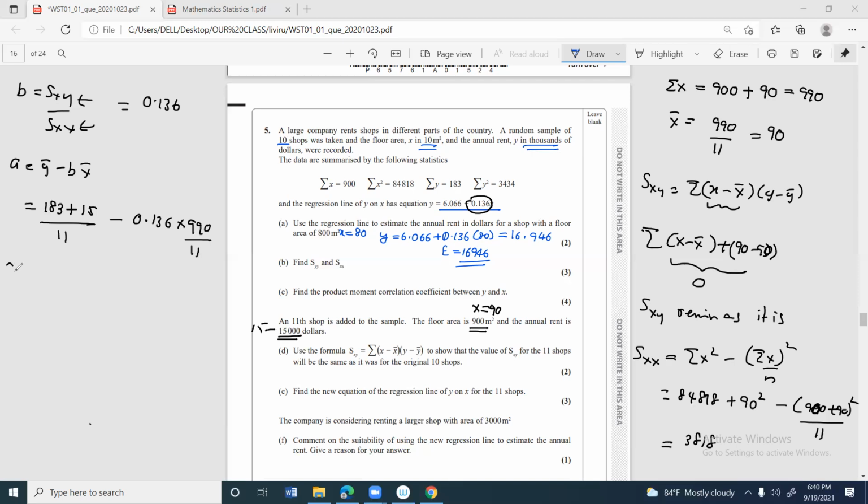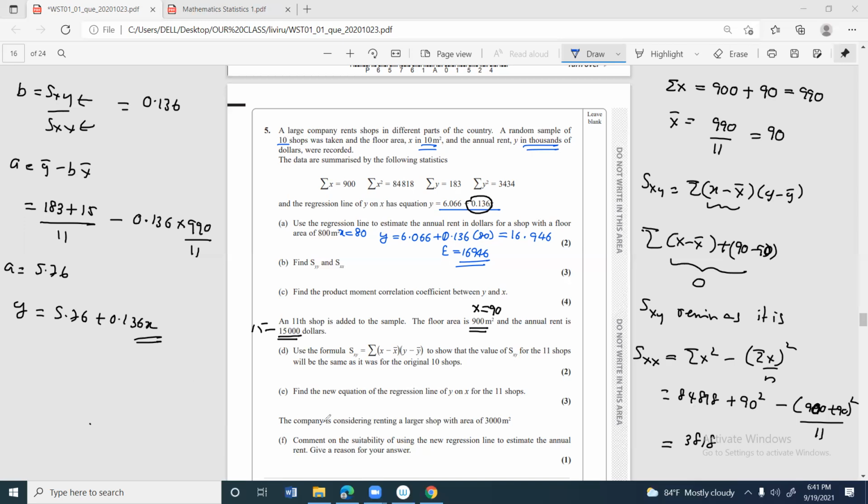So with this, you get the new value for a. 183 plus 15 divided by 11 minus 0.136 times 90. Then the new value becomes 5.76. So you can write the new regression equation as y equals 5.76 plus 0.136x. It's a new value for that. That's a way of getting the answer for this question.